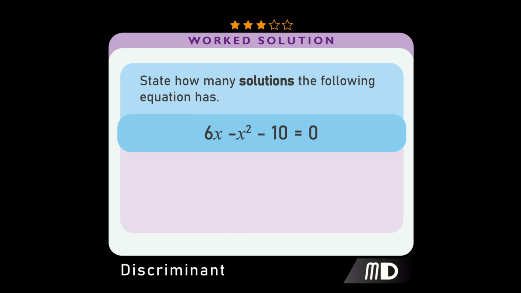If the discriminant is greater than 0, the equation has two distinct real roots. If the discriminant is equal to 0, the equation has one real repeated root. And if the discriminant is less than 0, the equation has no real roots.